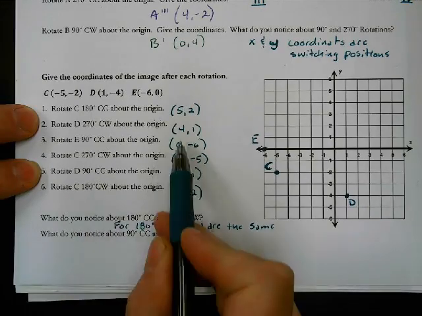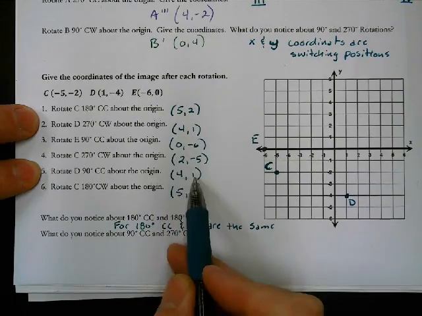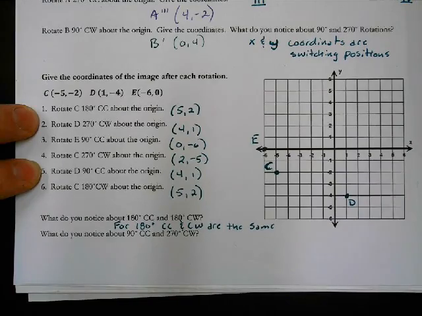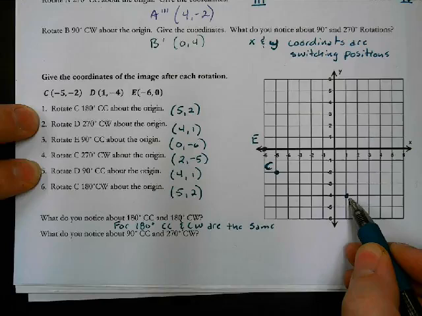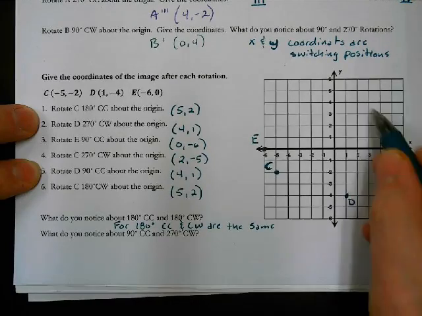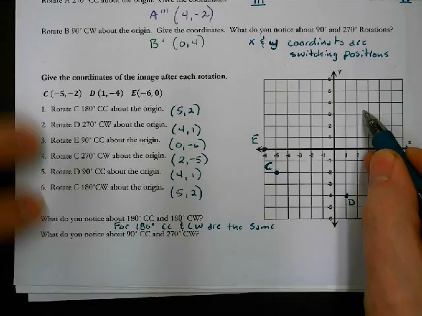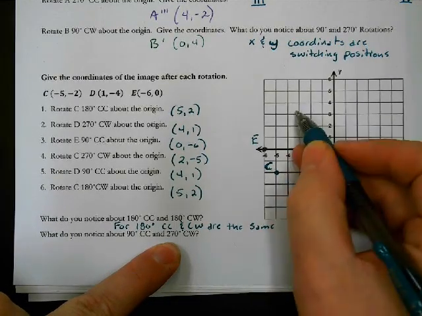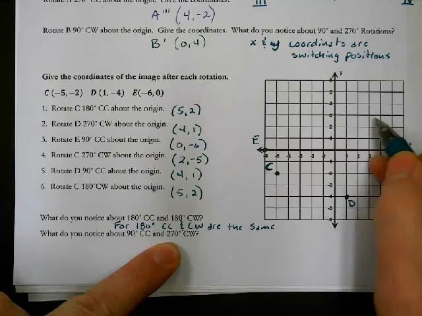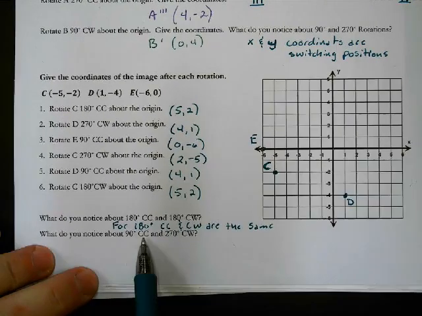We got the same thing. So let's look at D. If I go 90 counterclockwise, that means I'm going to show up in the first quadrant. If I go 270 counterclockwise, 90, 180, 270, also in the first quadrant. So 90 degrees clockwise is the same thing as 270 degrees counterclockwise.